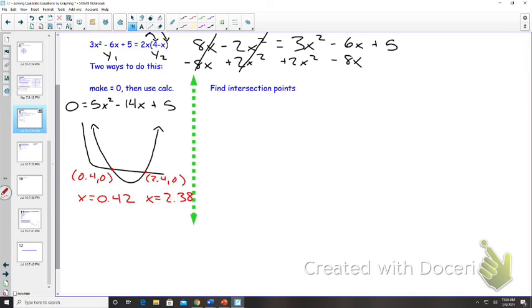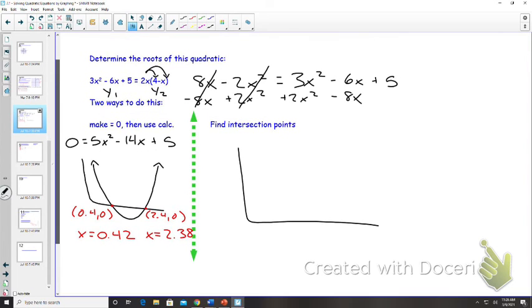Now we'll do the find intersection points. Your y1 is going to be, it doesn't really matter which you call y1 or y2. I just said 3x squared minus 6x plus 5 is my y1. And then what did we have over here? We had found 2x, oh yeah, there it is.